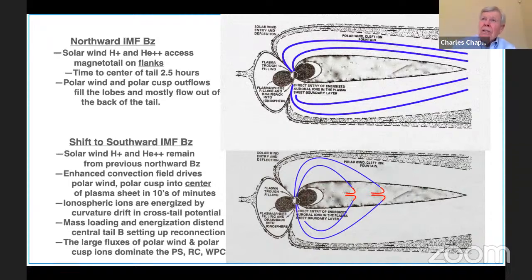Okay, so in terms of the sequence of things, you would think that the Bz southward tells the ions in the lobe to move into the midplane and make it more set up for reconnection to happen. Then reconnection happens, and as Pat pointed out, that can sometimes be in a northward Bz, but the midplane is loaded mass-wise, and these particles are getting energized, so it's ready for something to happen.